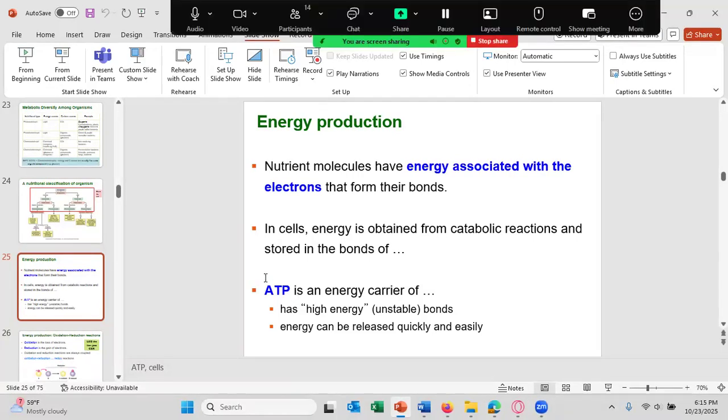And I'm just saying ATP is where the cell tends to get its energy needs. ATP has a high energy bond. It's an unstable bond. And when that bond breaks, it will release a lot of energy. It'll be released quickly and easily, and the cell can use that for its energy needs. Any question about any of that?